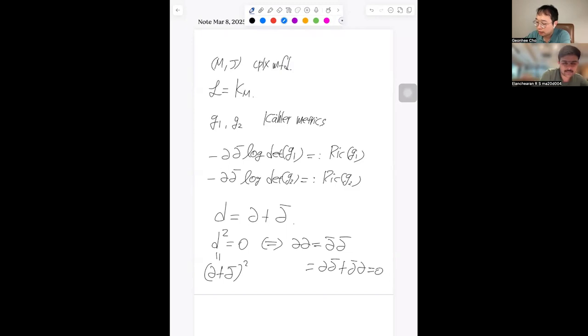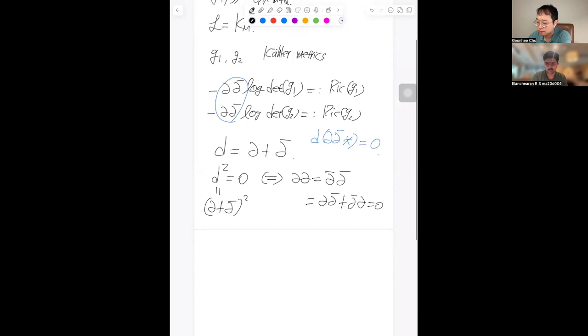If you look at this description here, this is already written as partial d bar, so if we put the exterior derivative on this expression, whatever this is, it must be 0 no matter what. So this is already guaranteed. This means that this is equal to 0. Is that okay with you?